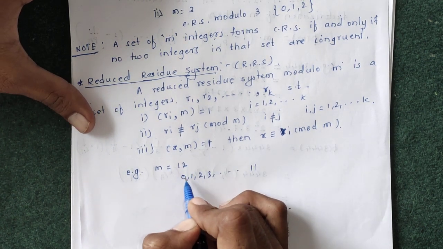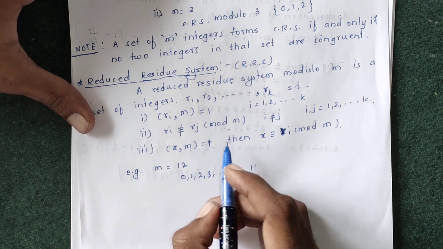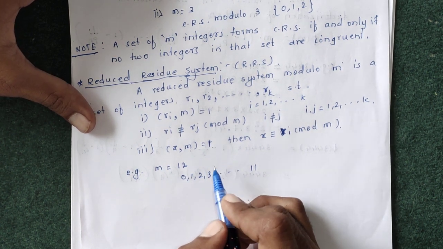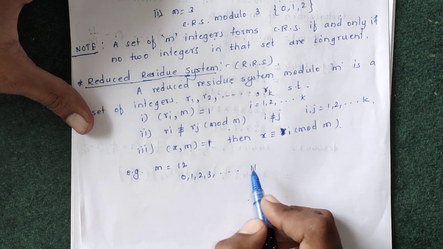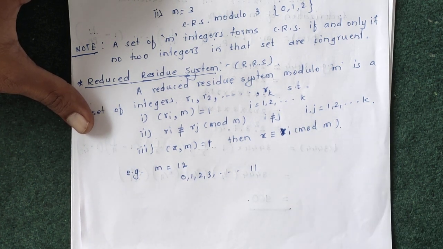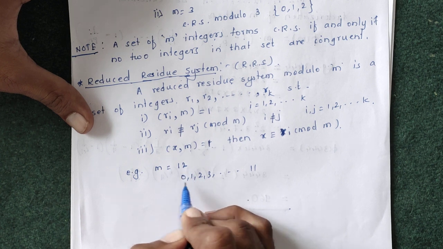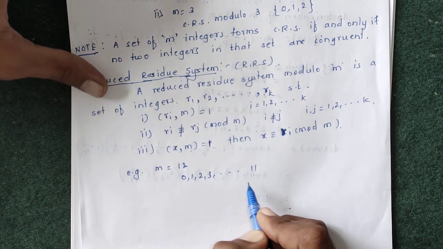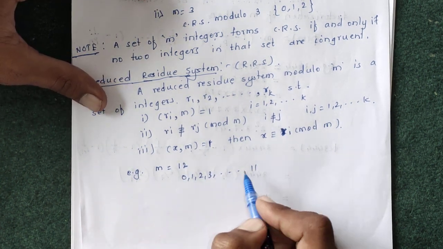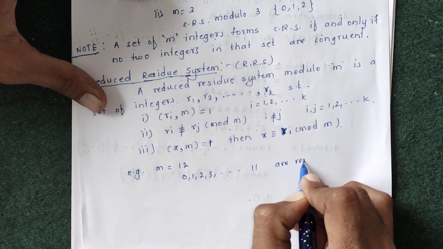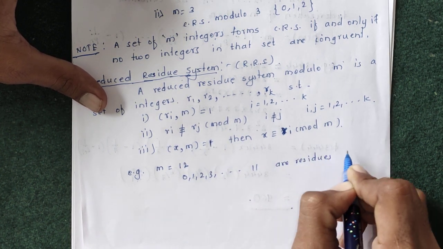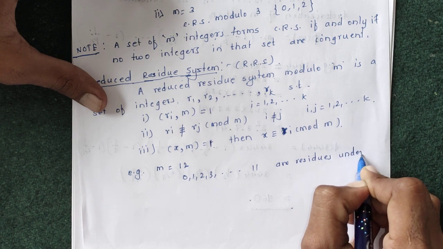If we divide 13 by 12, we get remainder 1. Similarly, if we divide 23 by 12, we get remainder 11. Any integer divided by 12 must give a remainder among these numbers. So these are the residues under modulo 12.